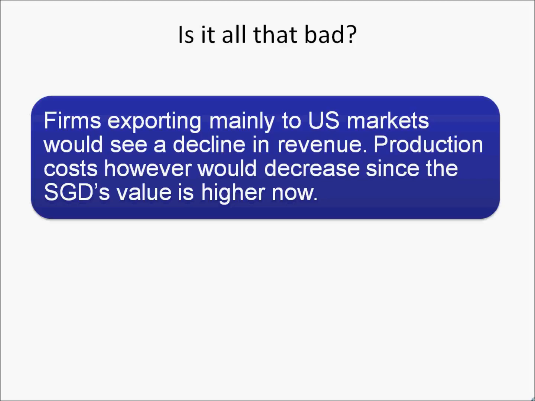Because of that, firms over here will find it cheaper to import producer goods from China to produce, and hence it will further decrease production costs. And because production costs have decreased more than the fall in total revenue, there will be an increase in profits earned by the firm.